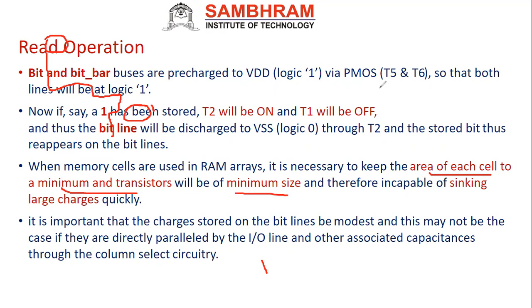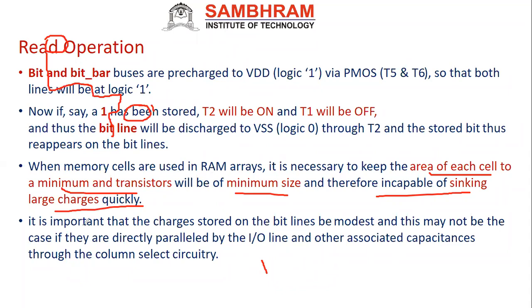You can follow the standard size, 2 lambda by 2 lambda, and therefore they are incapable of sinking large charges quickly. If you use a standard gate, there will not be that much drop in the charges very quickly. But if you use very large metal or large polysilicon, what will happen? There is a possibility of discharge very quickly.